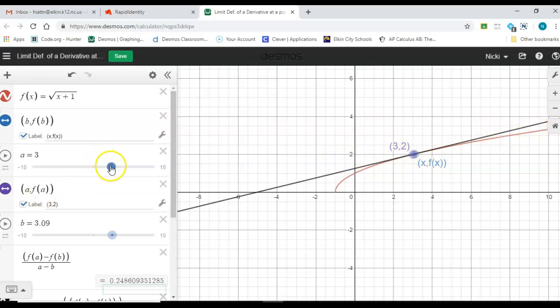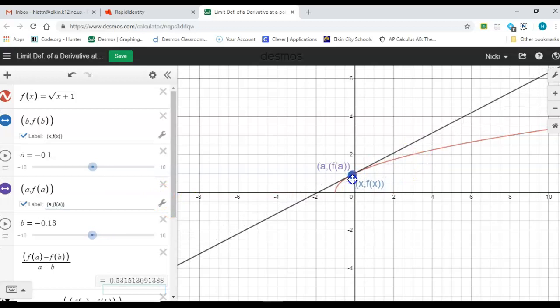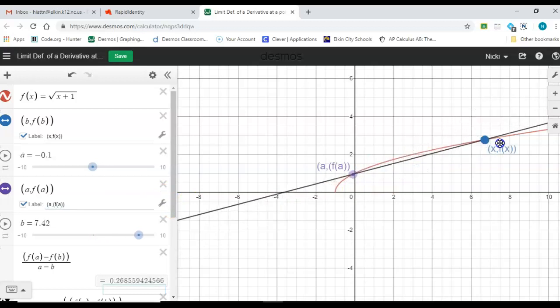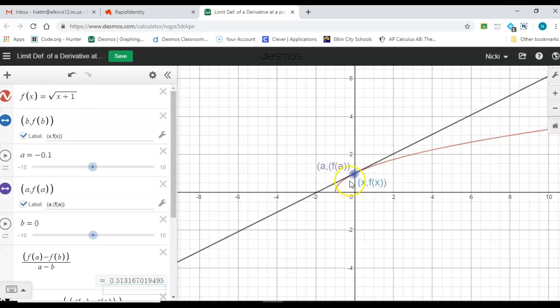If we had been looking at a different point, let's say our A was down here. Let me change that label back to A, f of A. So if our point was down here, then you can see that our slope would have been steeper than that. So depending on where you're at, the slope will be steeper. But this can give you that slope at just that point.